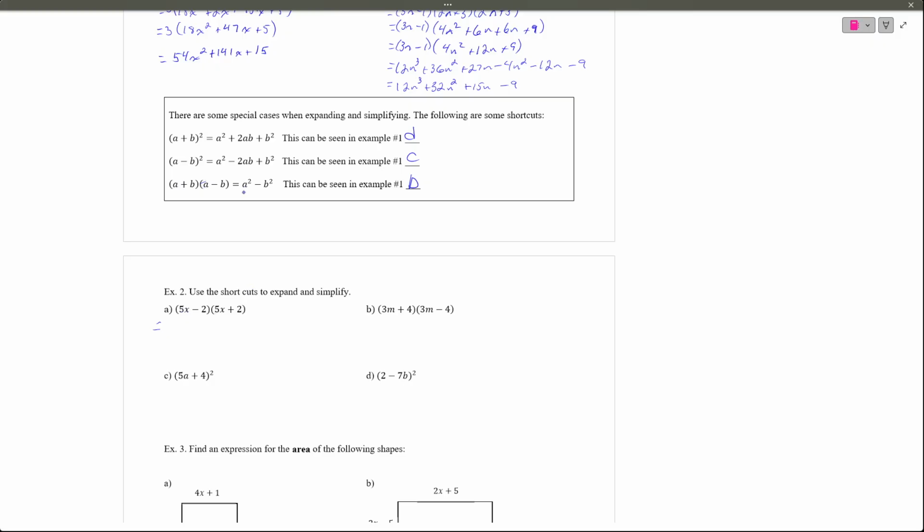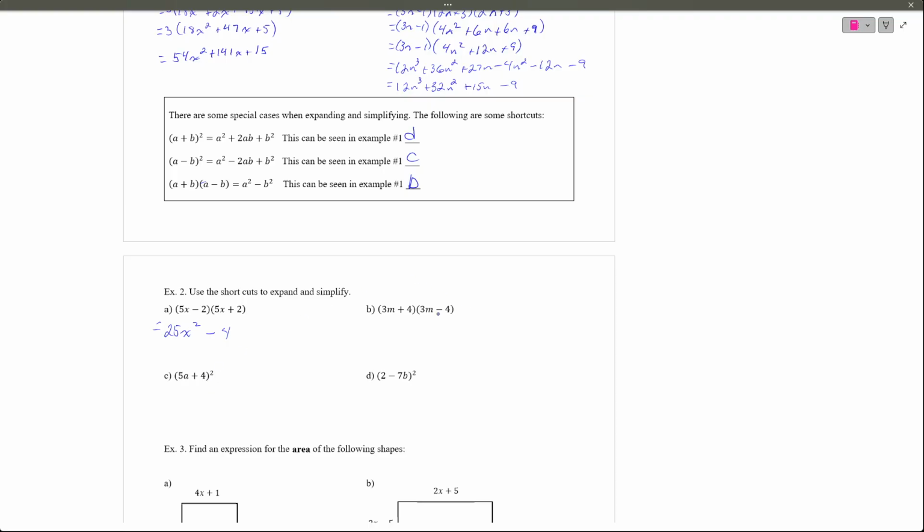Oh, that's the last one right there. So we're going to square the first term. So that's 25x squared. And then it says we should subtract the second term squared. What is the second term? It is 2. So subtract 2 squared, which is 4. There we go. That was much easier.